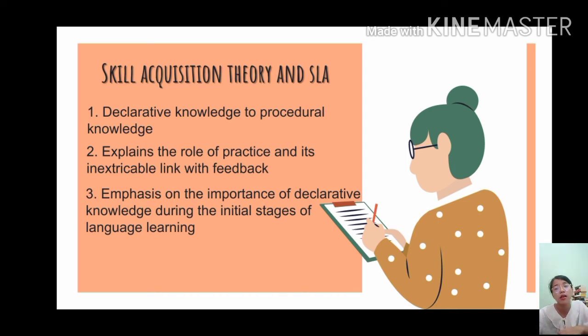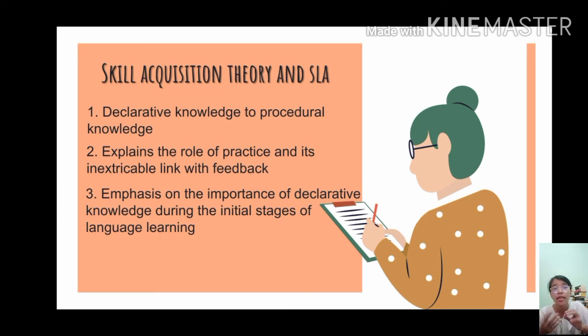Indeed, with the introduction of the communicative approach, there appeared a strong tendency to overlook linguistic forms and to downplay the teaching of grammar. So this, according to DeKeyser, ignored the importance of establishing declarative knowledge.